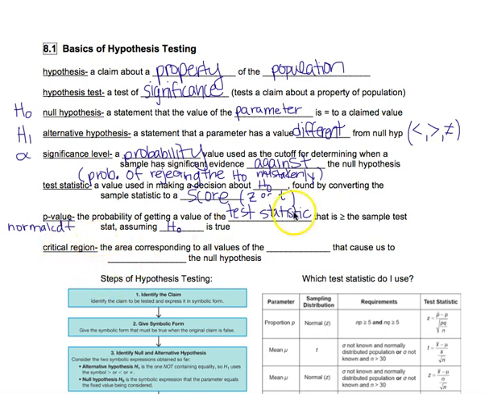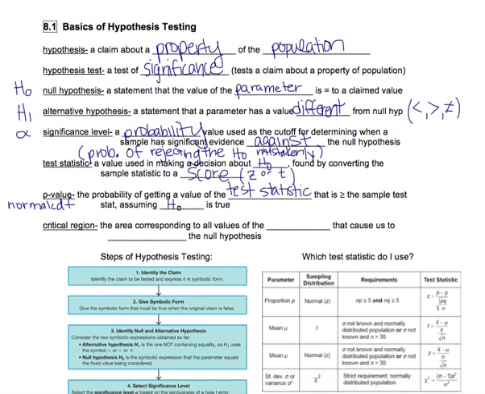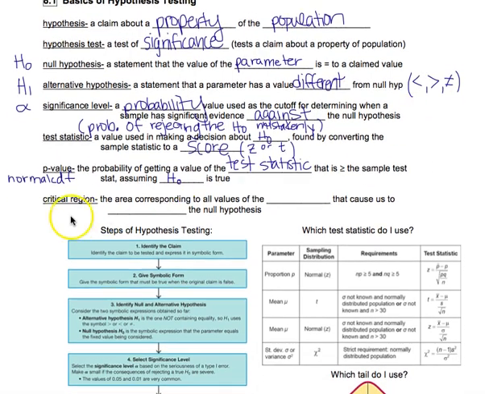So write that there just so you remember that when we're finding p-value, that's what we're going to use. And then for the critical region, this is the area corresponding to all values of the test statistic that cause us to reject the null hypothesis. So rejecting the null hypothesis means we are saying, no, that value can't be true for that parameter.